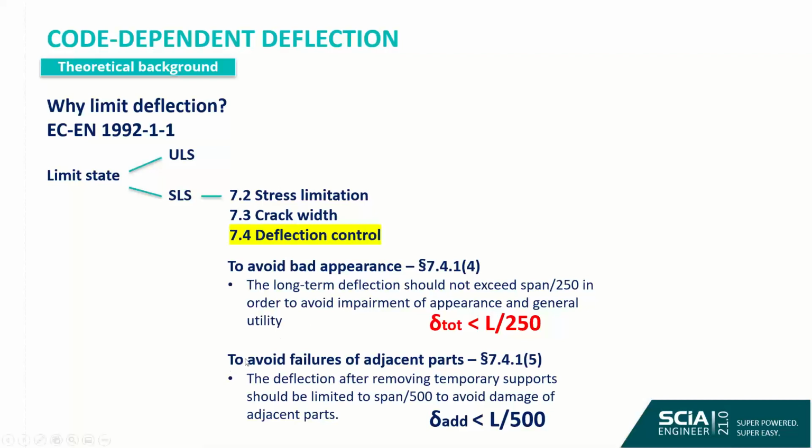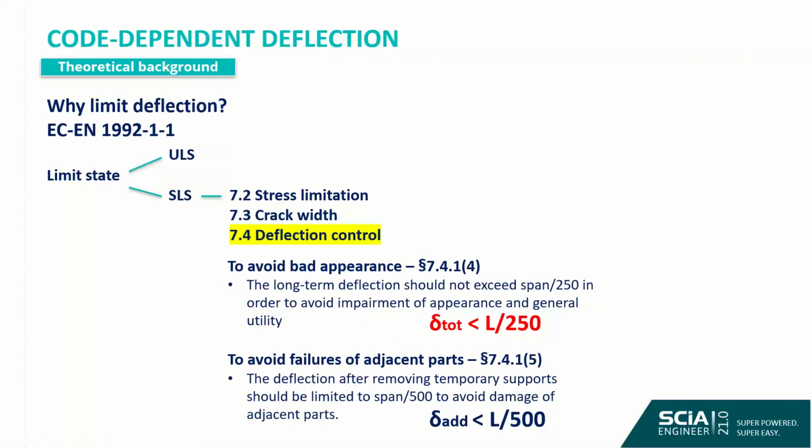And there is also another limitation to avoid failures of adjacent parts after the structure is built. And in this case, the limit is 500 of the span ratio.